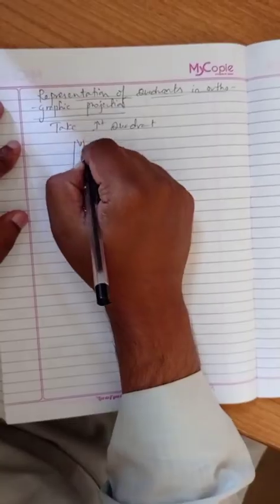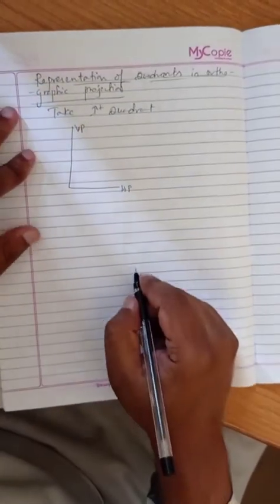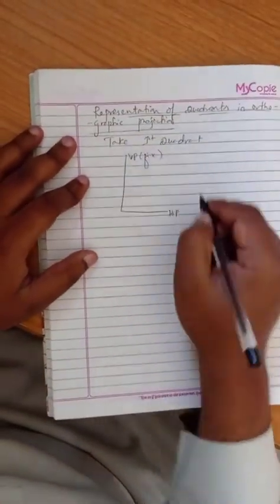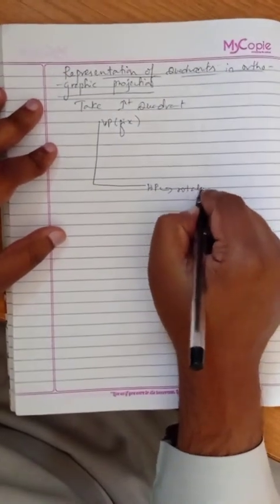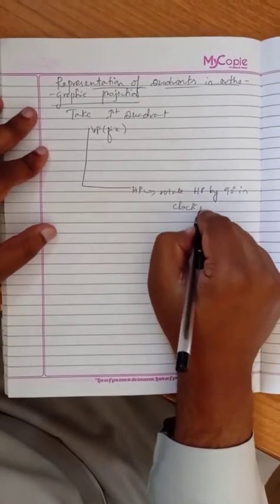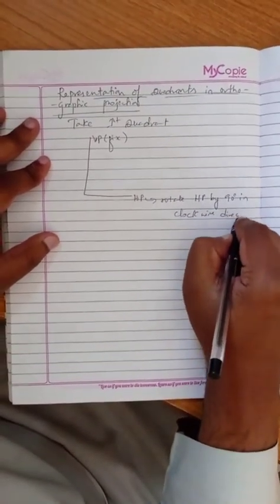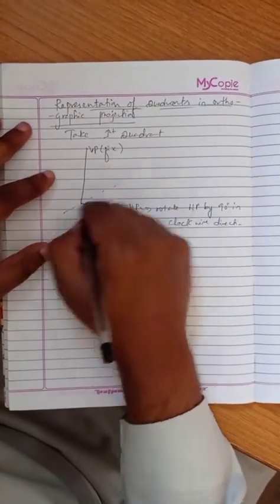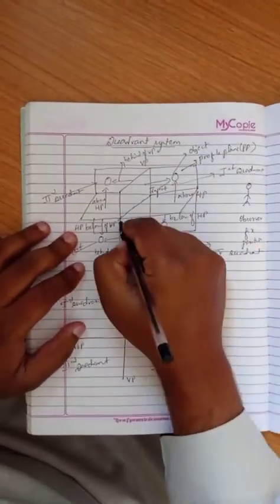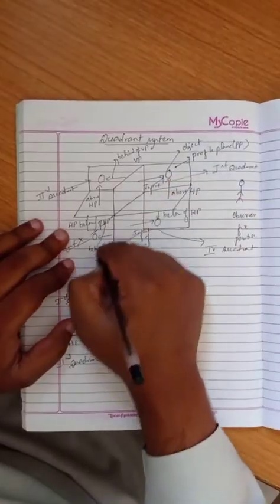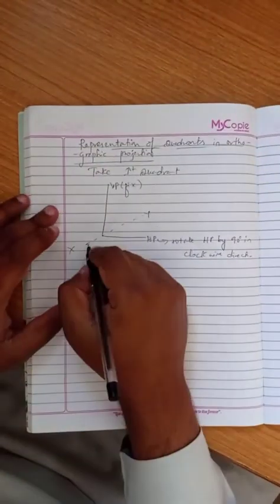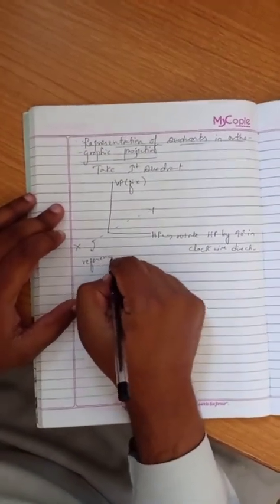Here we follow one concept, that is fixing the vertical plane and rotating the horizontal plane by 90 degrees in the clockwise direction. There will be a reference line connecting all the reference planes. You can see in the first diagram also, the reference line will be connecting all the reference planes. That is our reference line.